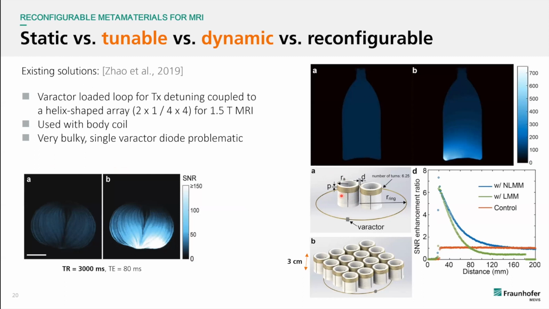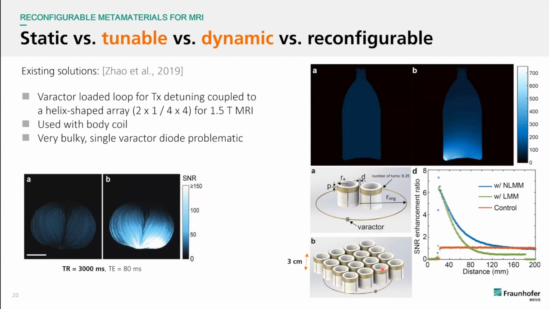And by changing capacitance, you can tune it to certain frequencies. And they show that they can use this metamaterial to enhance the signal. So here you have your phantom without the metamaterial. Here you have it with your metamaterial, and you see that you get an enhancement down here. The same with the onion. It's showing here that you can enhance your signal to noise by just using this structure.